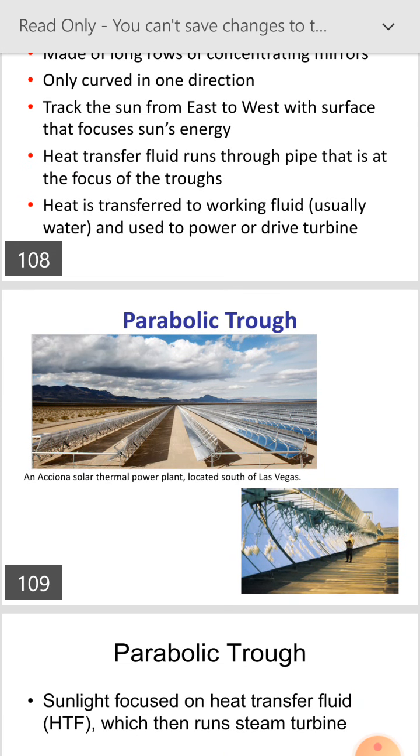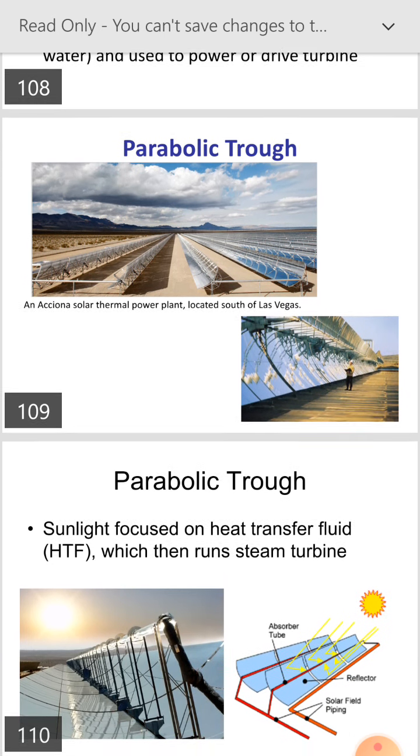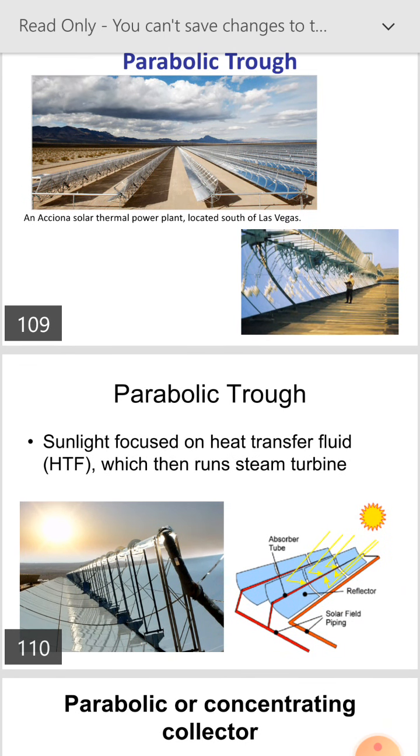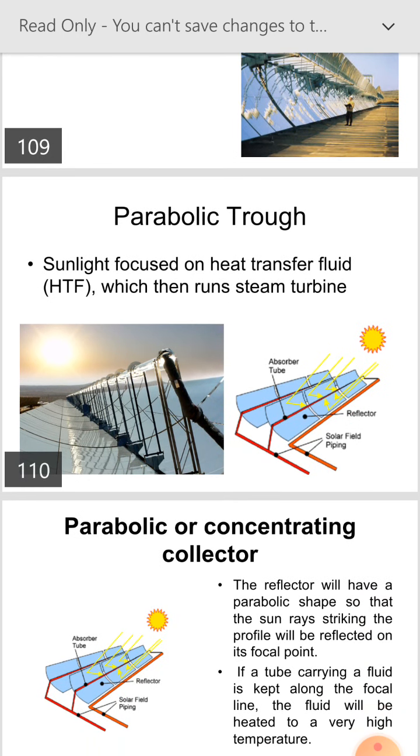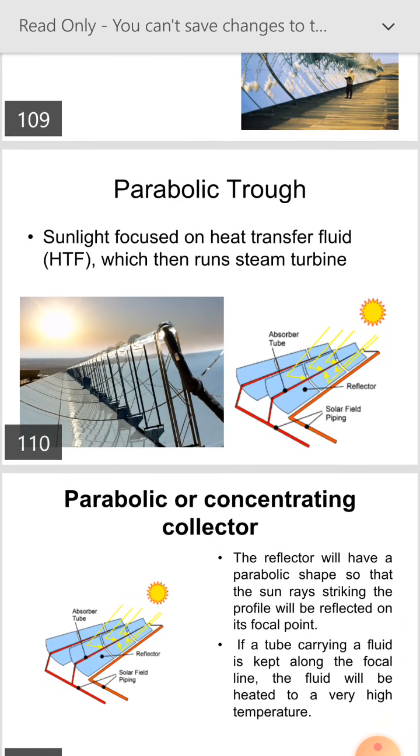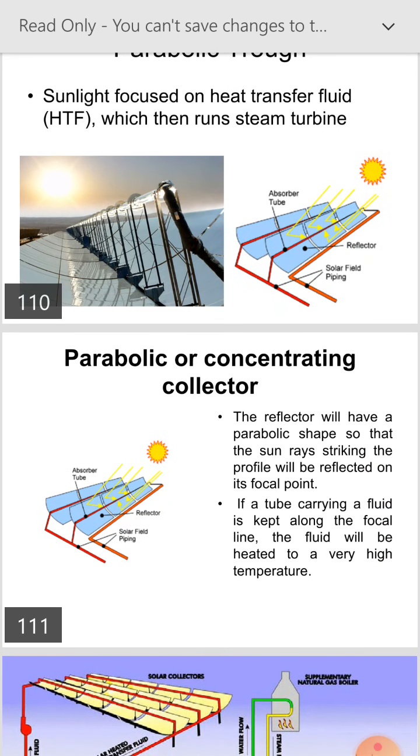Parabolic trough: sunlight is focused on the heat transfer fluid which then runs a steam turbine. Parabolic or concentrating character: the reflector has a parabolic shape so that the sun rays striking the profile will be reflected onto the focal point. If a tube carrying a fluid is kept along the focal line, the fluid will be heated to a very high temperature.